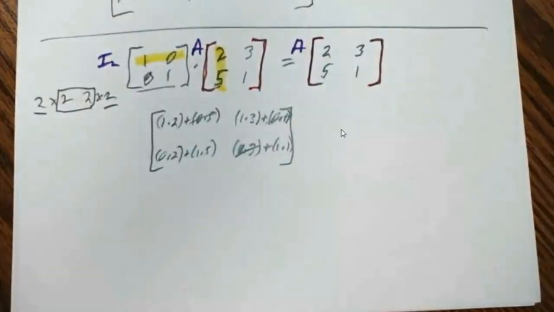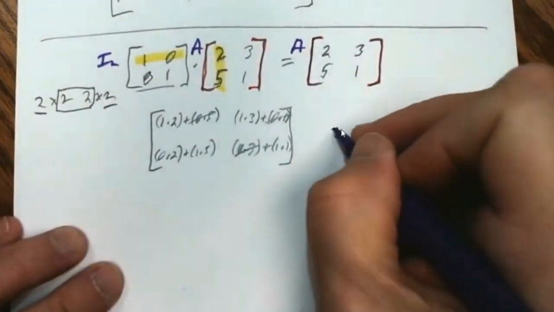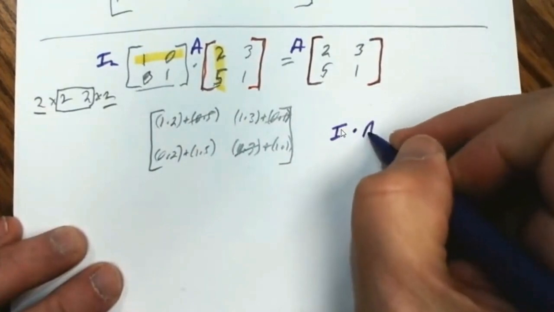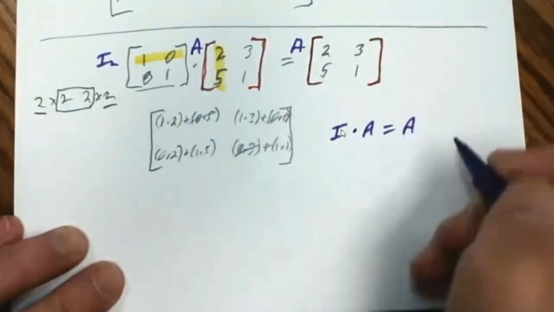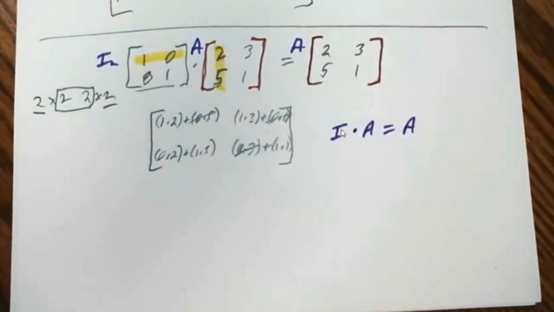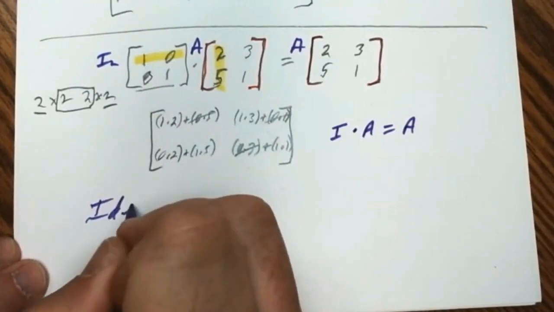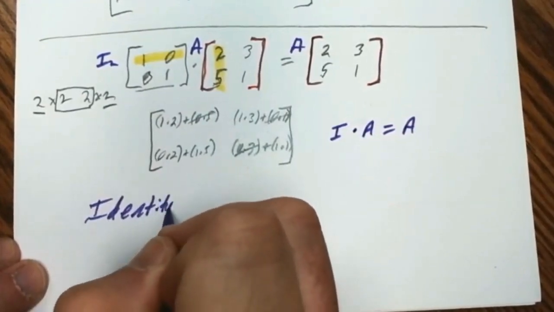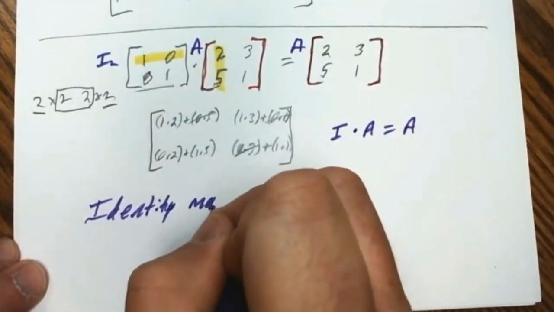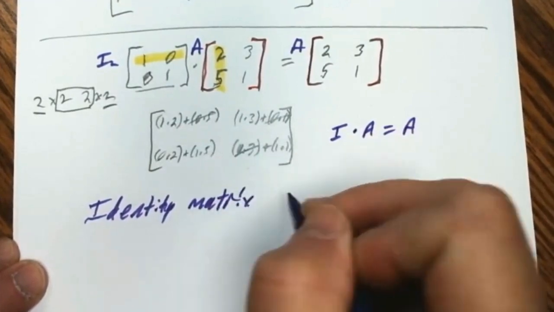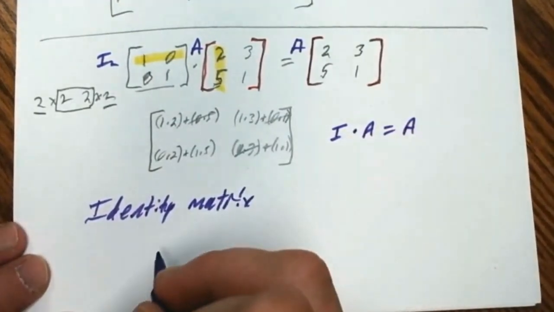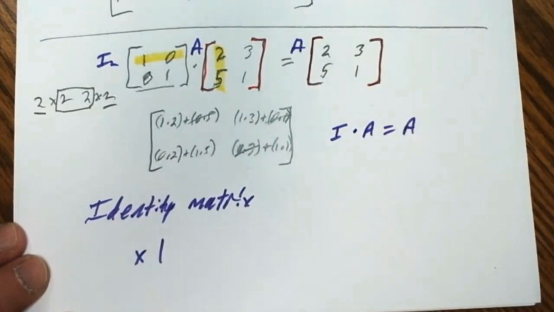A. So the identity matrix times A equals A. So an identity matrix is the same as multiplying times 1.